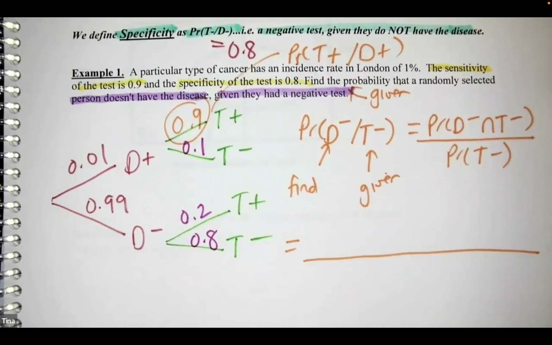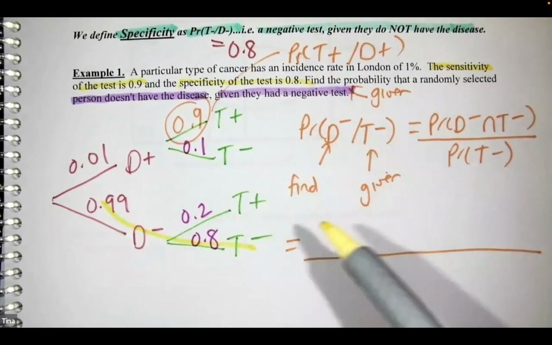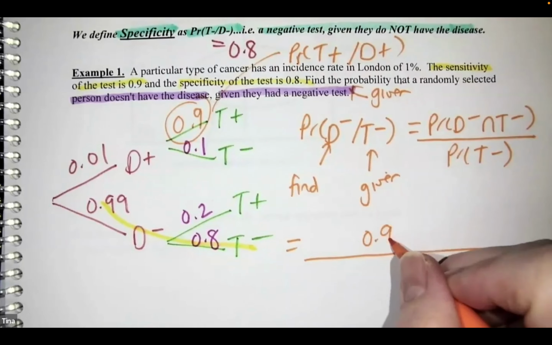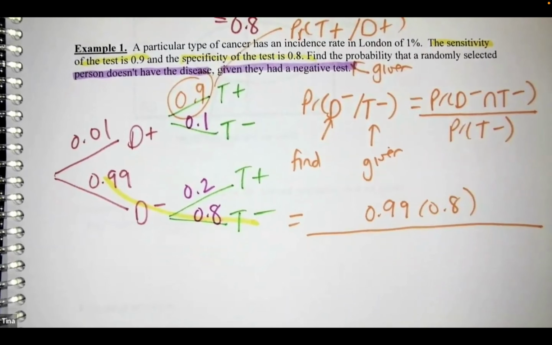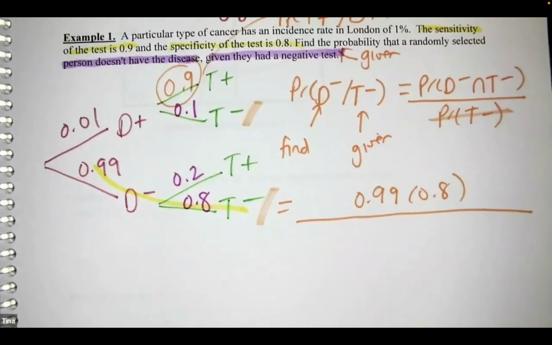And in order to actually work out the numbers, they have to make them pretty good on the final, right? Because they took your calculators away. So no disease and test negative, that's here. Remember, and is to multiply through our tree. So 0.99 times 0.8. On the bottom, if we want the test to be negative, we can be here or here. Anything that occurs at the far right, we have to multiply through to get to it, right?